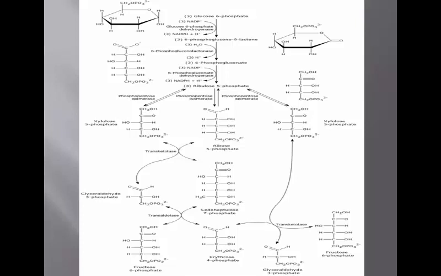This 6-phosphogluconate first forms 3-keto 6-phosphogluconate, which then forms ribulose 5-phosphate. Here 3 ribulose 5-phosphate molecules are formed, which then form 2 molecules of xylose 5-phosphate and 1 molecule of ribose 5-phosphate.